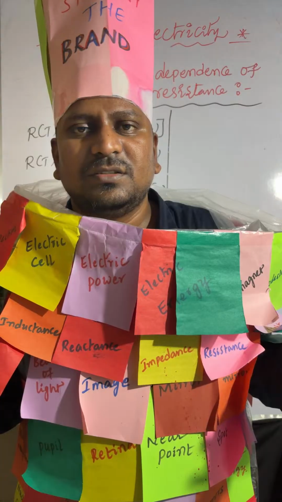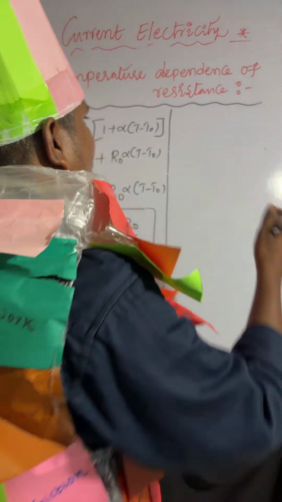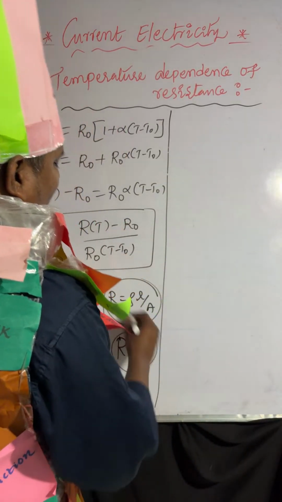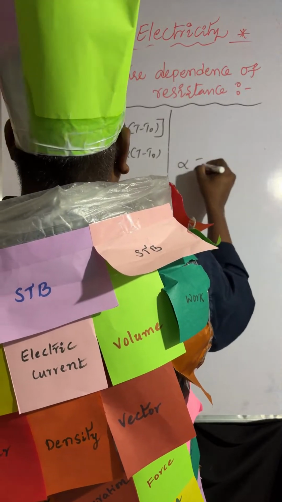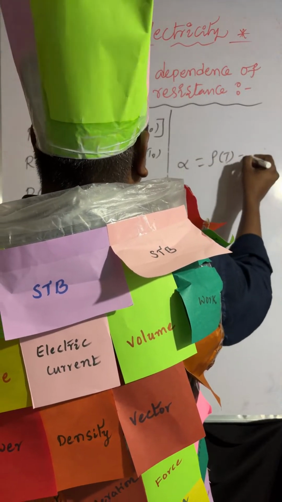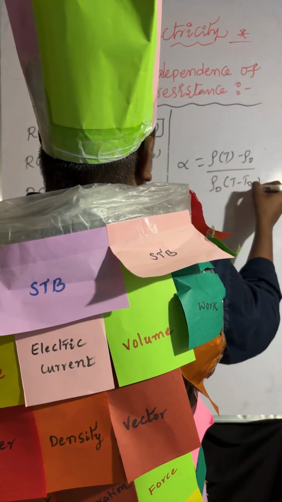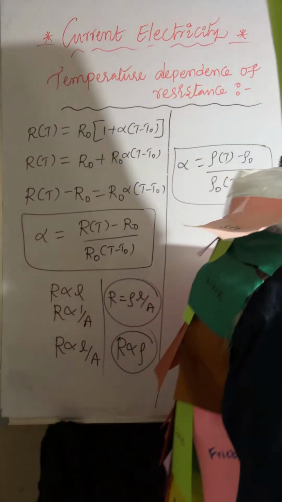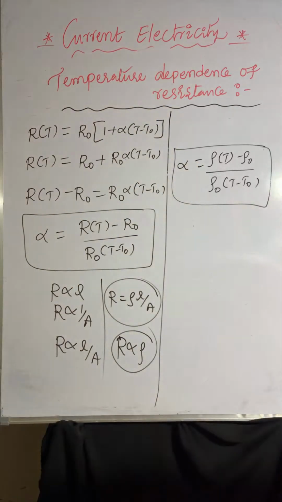So R is directly proportional to resistivity, to rho. Then we can finally write alpha equals (rho_T minus rho naught) by rho naught into (T minus T naught). In that case, alpha is the temperature coefficient of resistivity.